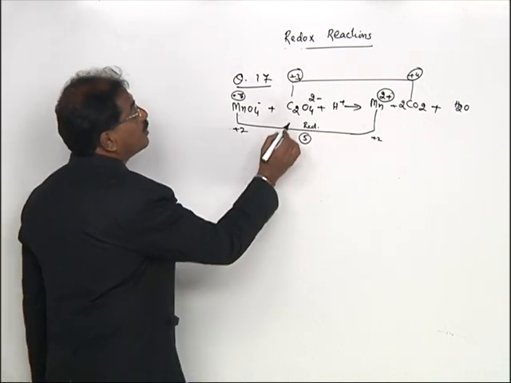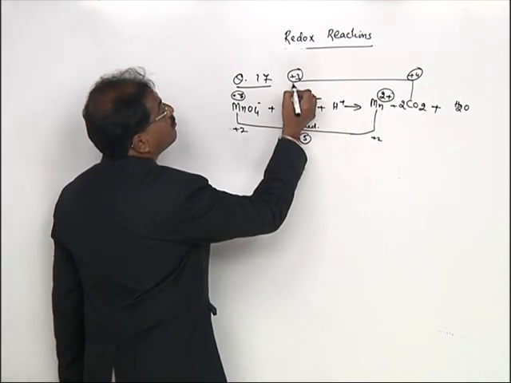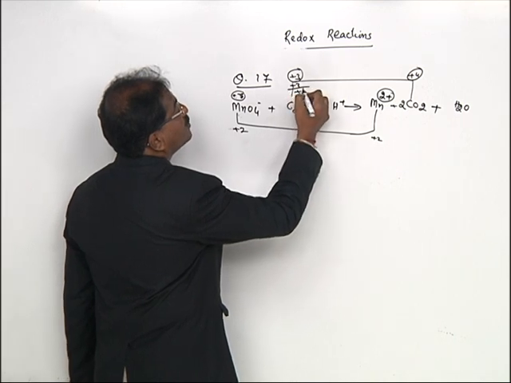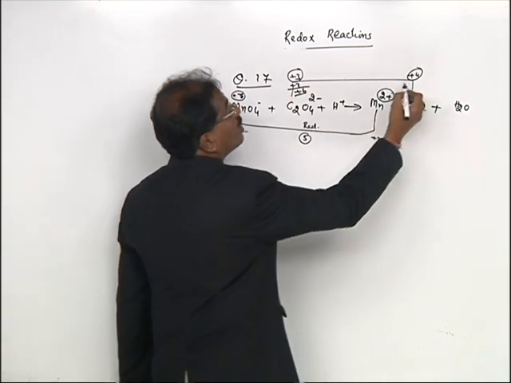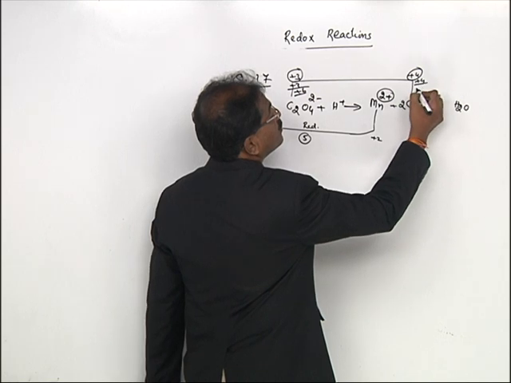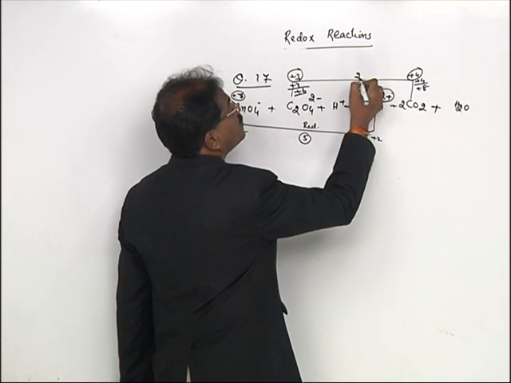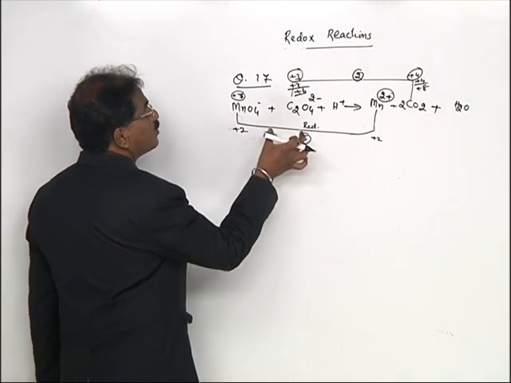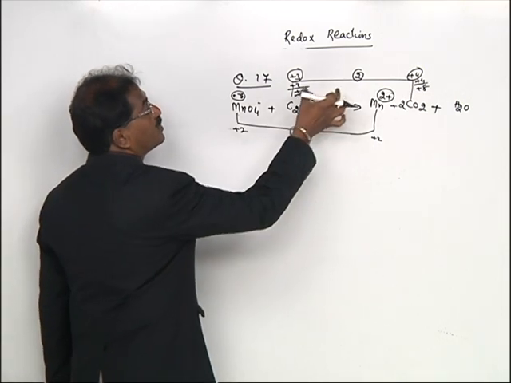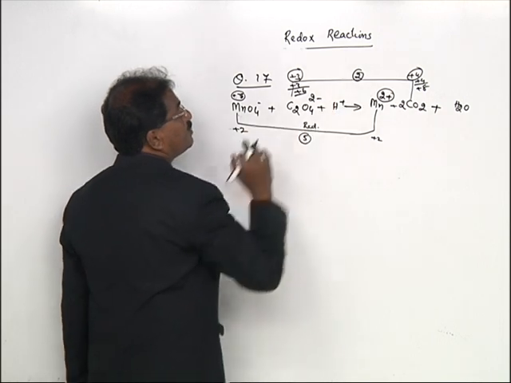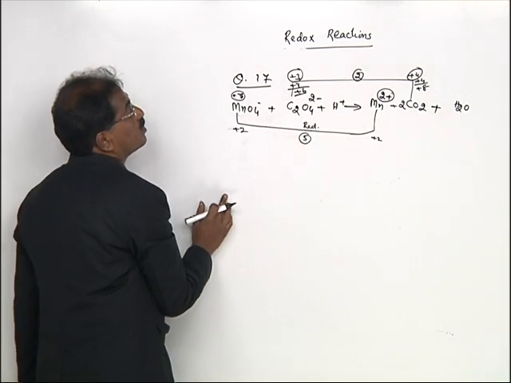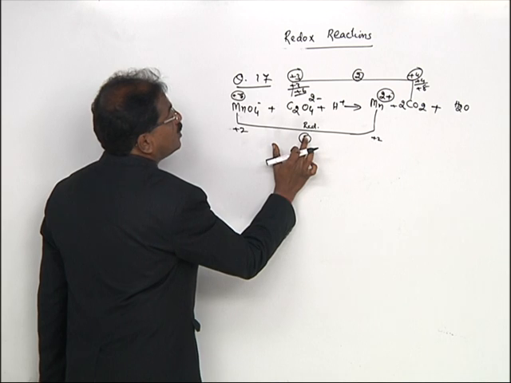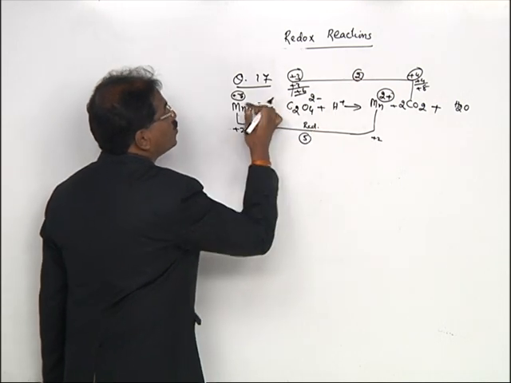Next, for carbon, what is the total oxidation state? +3, +3, so the total is +6 here. Here the total is +4 and +4, therefore +8. The difference is 2. So after identifying the difference in the total charge of the first species and second species, exchange these differences, then adjust the stoichiometric coefficients. Therefore, you keep this 5 here, and this 2 here.